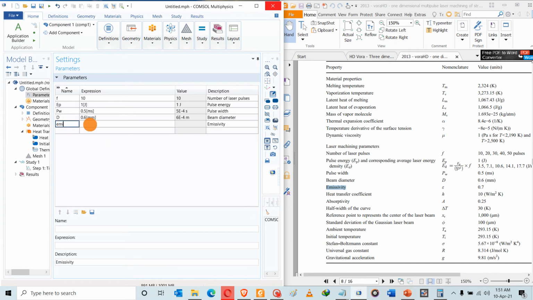The emissivity of the surface is 0.7. It's a property that we use for radiation heat losses. Now this is a heat transfer coefficient, using 10 watt per meter square Kelvin to account for the convective heat losses.